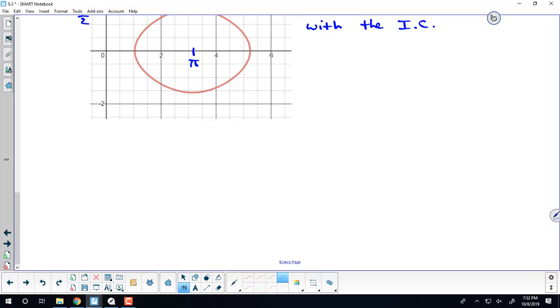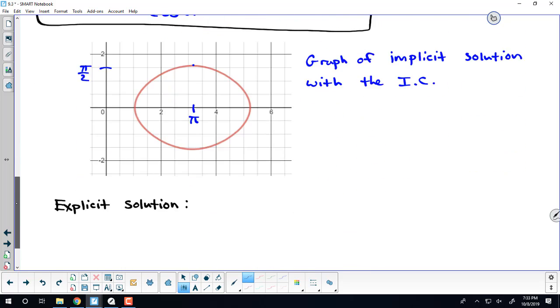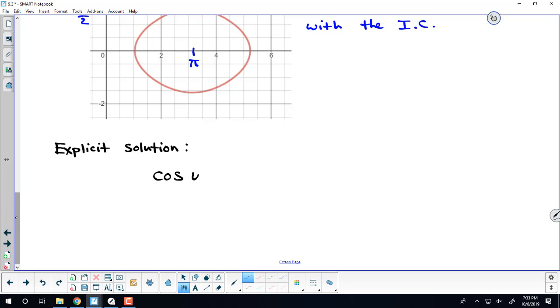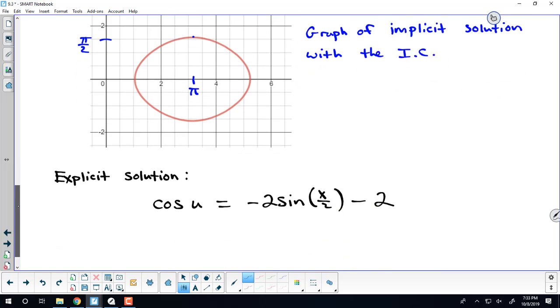So looking at this through another lens, we'll see that it gives us a little more information, but it also doesn't tell us a certain thing, looking at the graph anyways. So the explicit solution: we have cosine of u equals -2 sine of x over 2 plus 2.